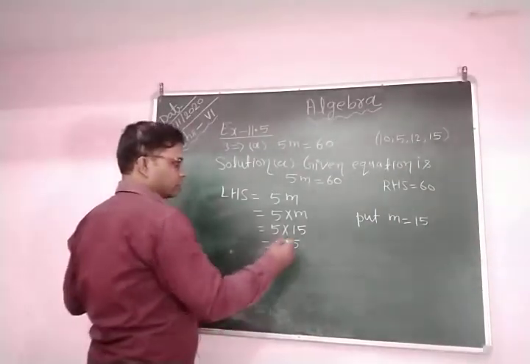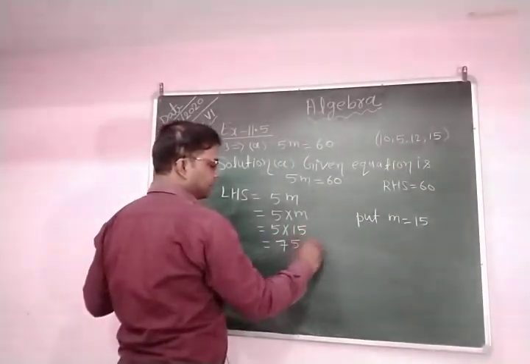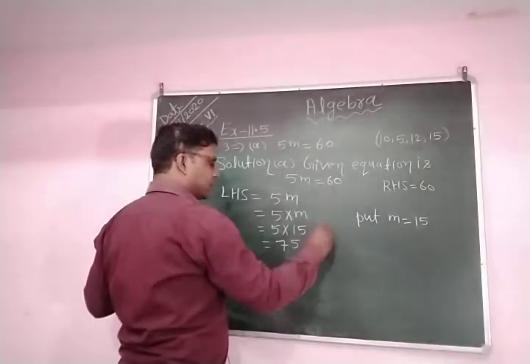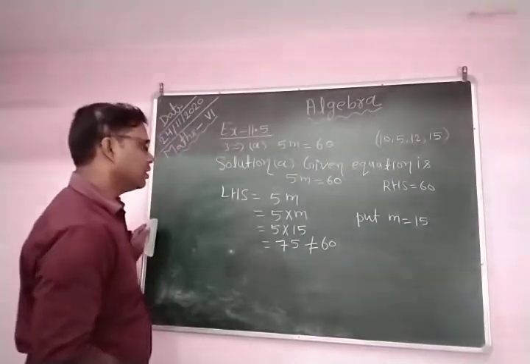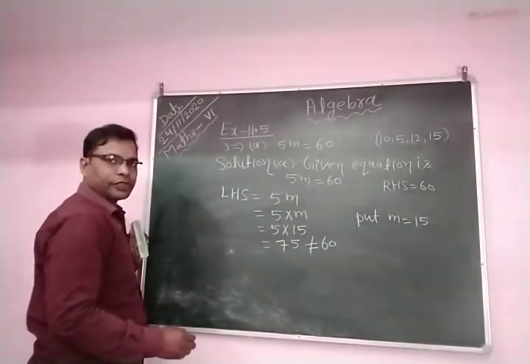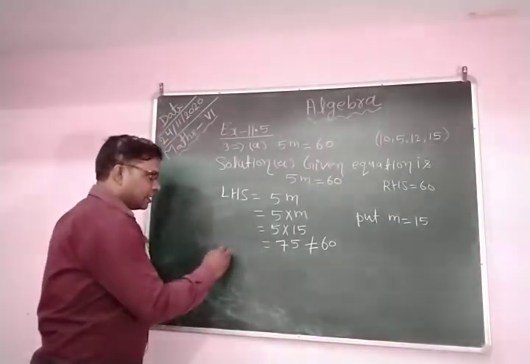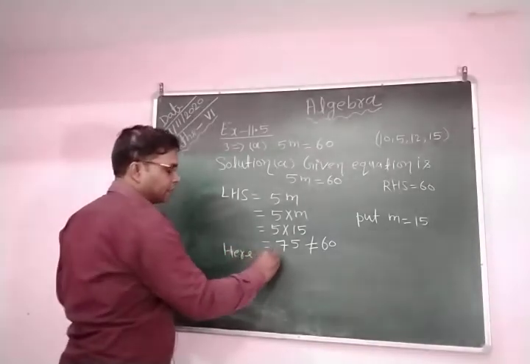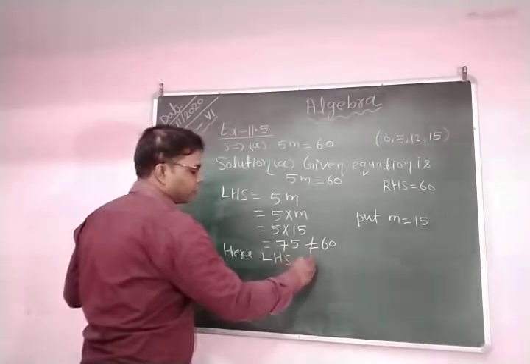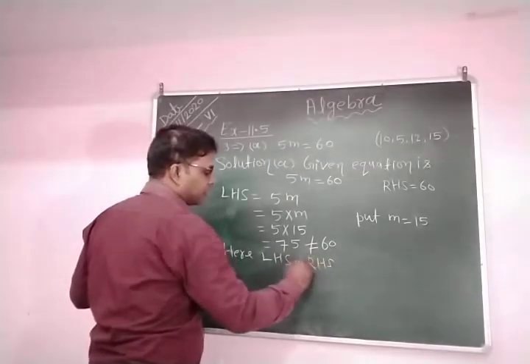This is not equal to 60. But here you need to find 60 because this is our right hand side. So the left hand side does not equal the right hand side.